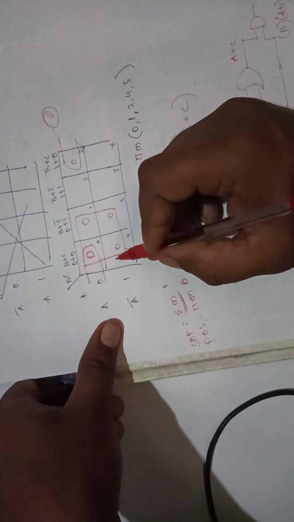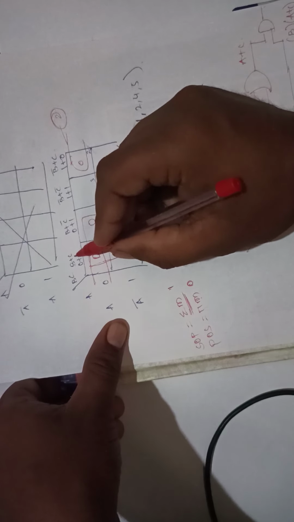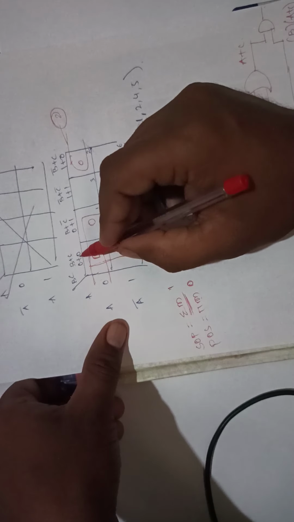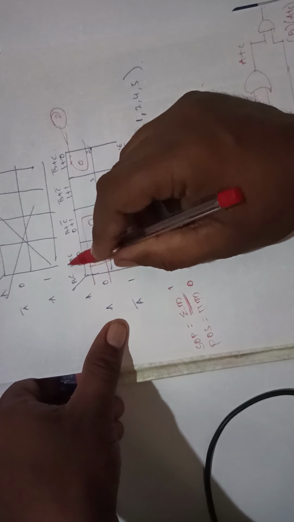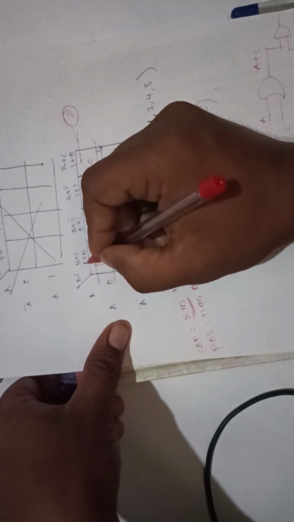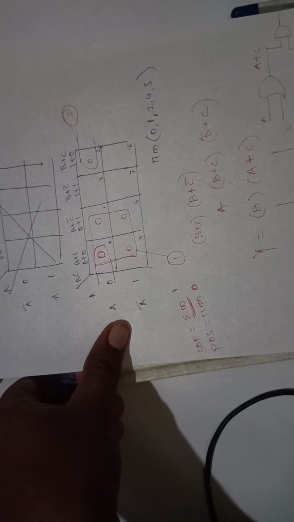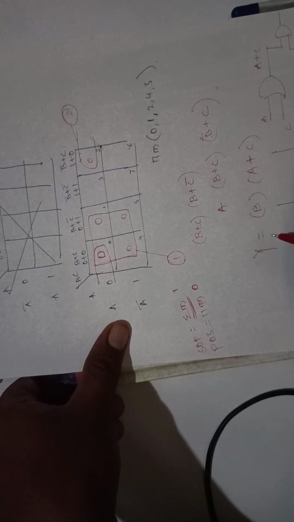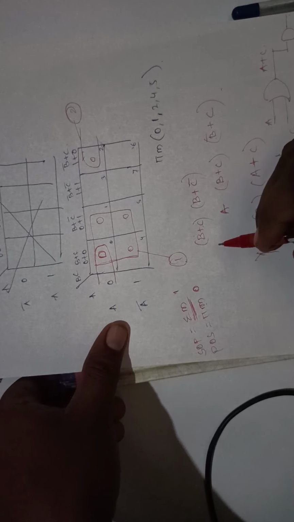In POS form here we took B plus C, in SOP we took BC. Here when 0 is present, it is without bar. In SOP when 0 is given, it is with bar. These are some basic requirements for SOP and POS.